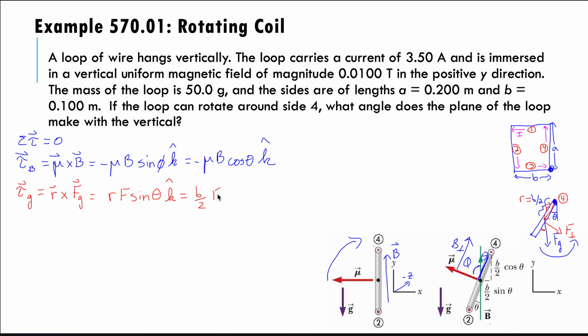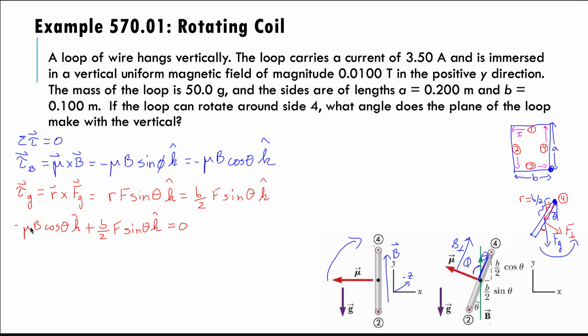So now we are ready to sum up our torques, set them equal to 0, and solve for the unknown theta. We're going to have negative mu b cosine theta k direction plus b over 2 f sine theta k direction equal to 0.